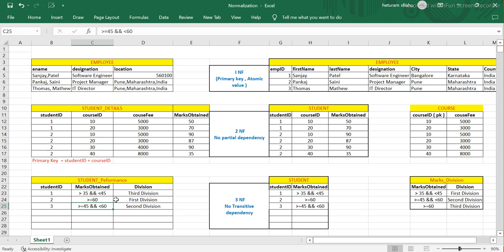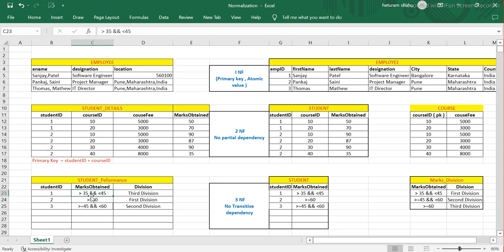Now if you look at it, what I said, transitive dependency. In this table, student ID is the primary key in the student performance table. Marks obtained is dependent on the student ID, because this student has got this many marks, and it's just a range, not an exact number.